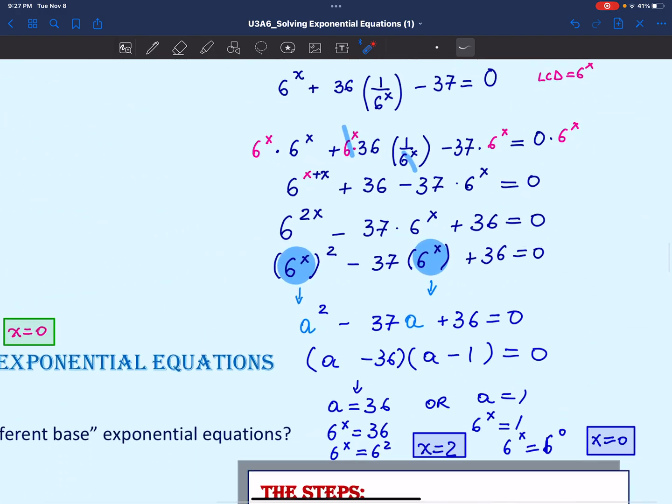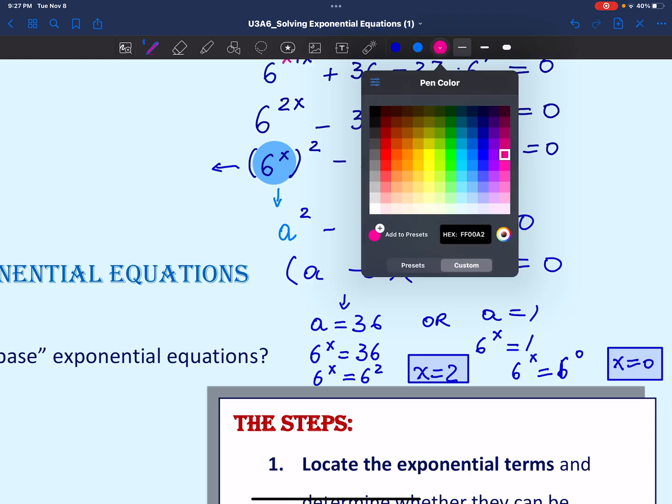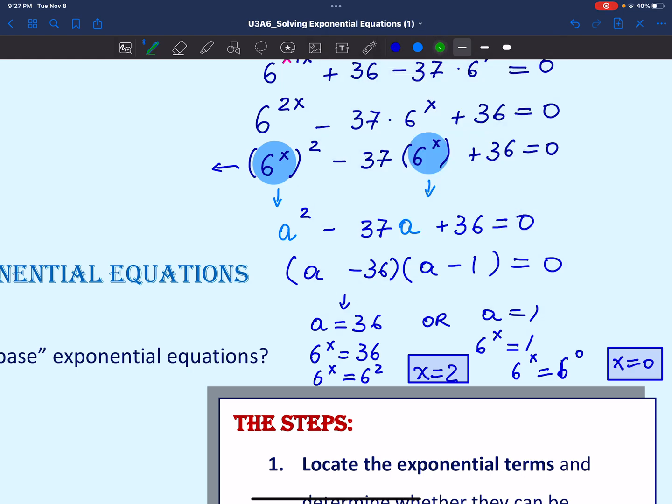Now, as I said before, you may or may not have to use a helping variable. So as I was saying in here, we use the helping variable, but if you would wish to factor from this form, then you can very easily do so. And I'm going to show you this here in green. So you can factor this by simply focusing on the coefficients, which are negative 37 and 36.